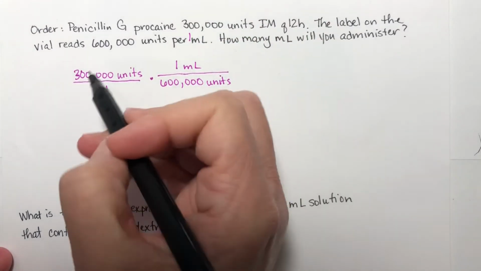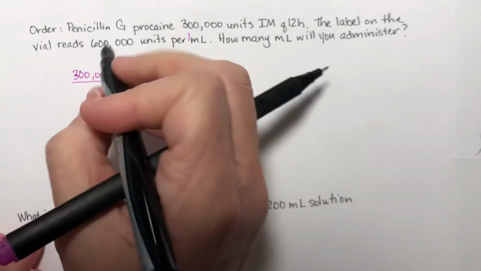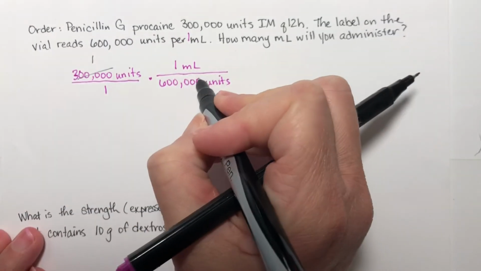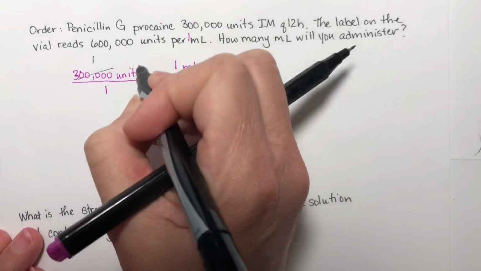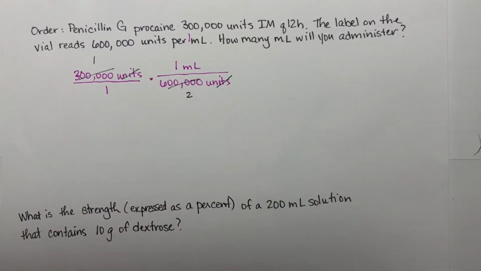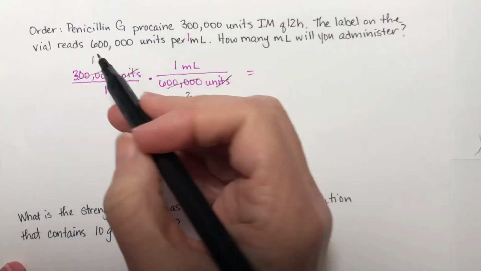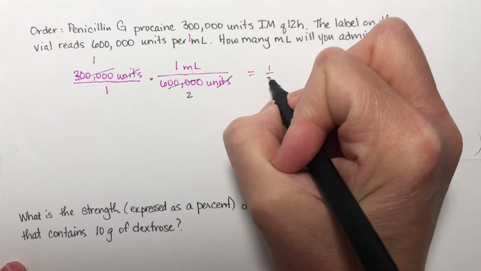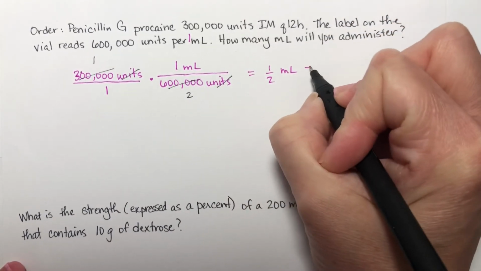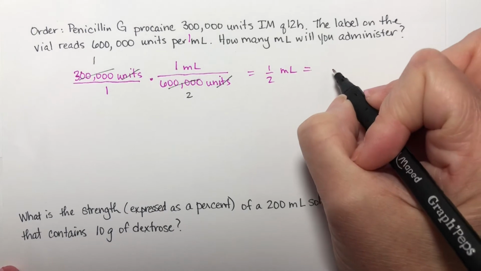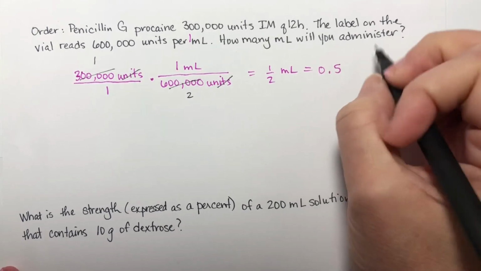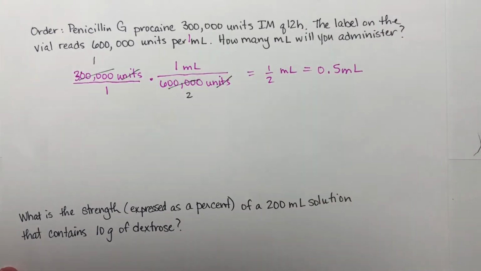Now we can cross cancel here. If I divide this by 300,000, I get a 1. Divide this by 300,000, I get a 2. Units cancel out. So I have 1 over 2. Half a milliliter is what I'm supposed to give, which is what they're looking for: 0.5 milliliters is the answer they want.